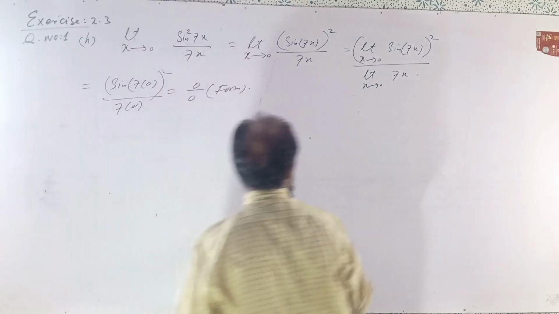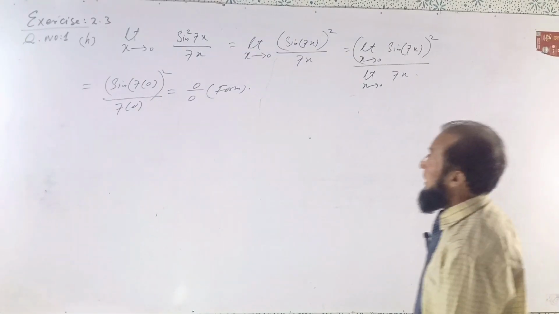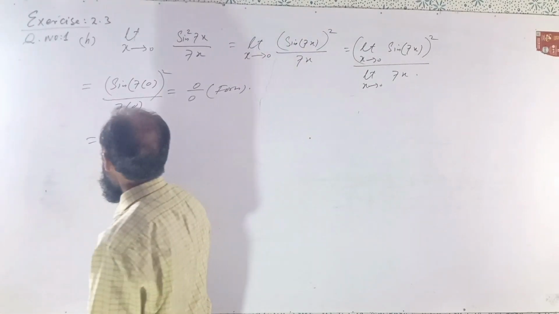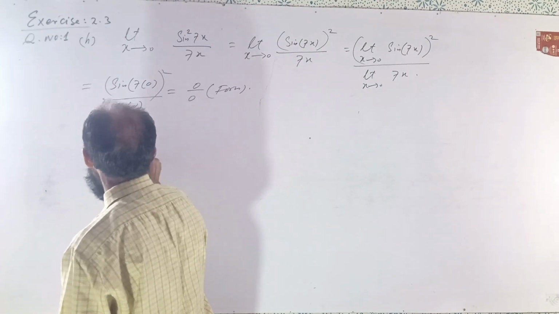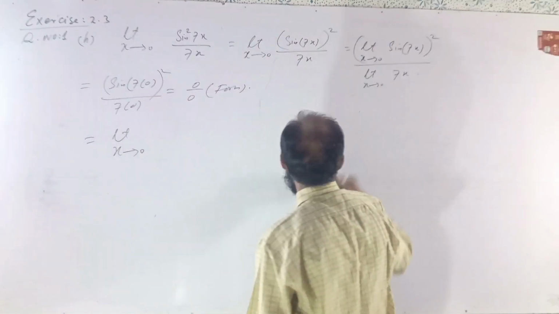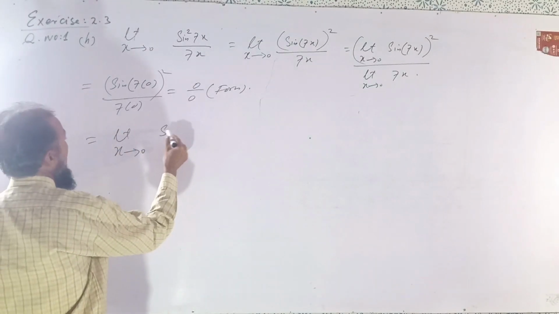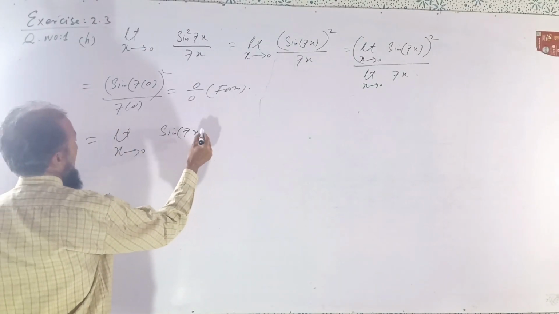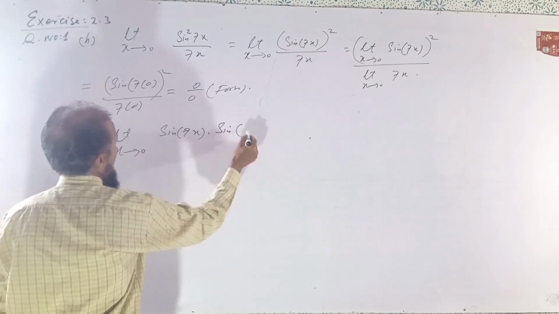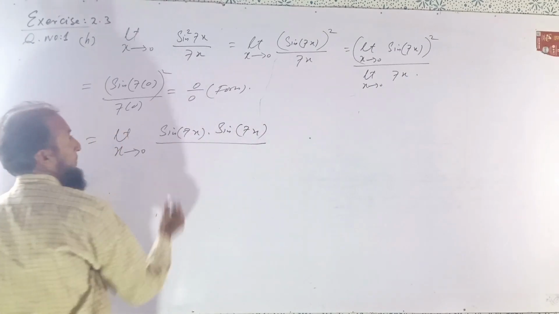It means that now we are taking some rules. Limit x tends to 0, sin square 7x, sin 7x whole square, we can write sin 7x into sin 7x divided by 7x, according to the exponent rule.